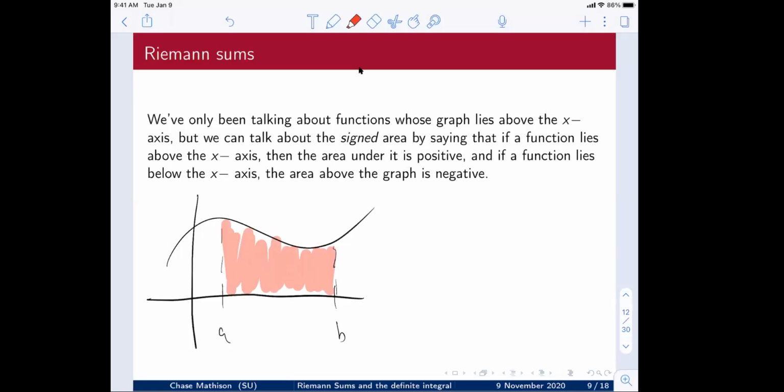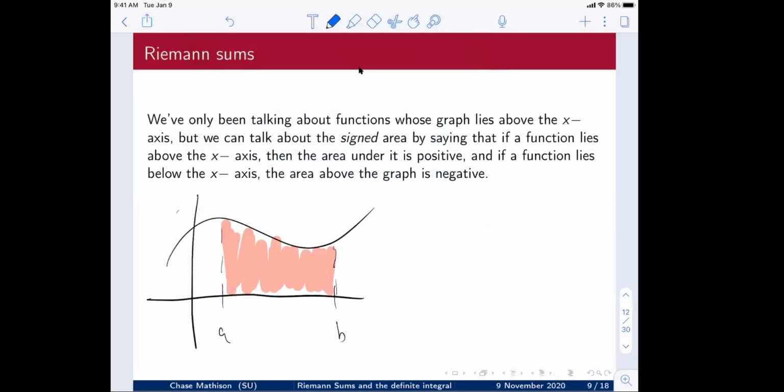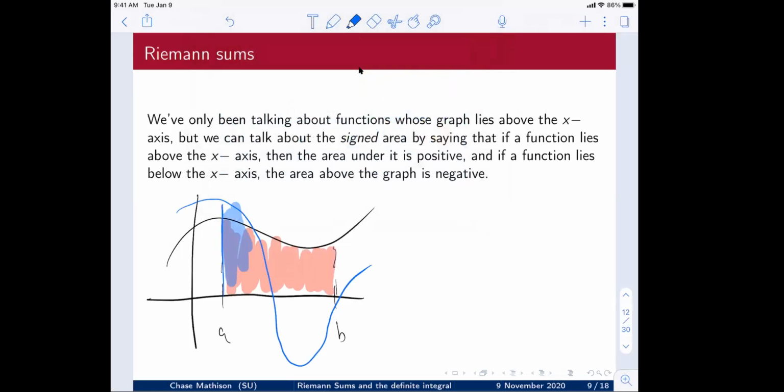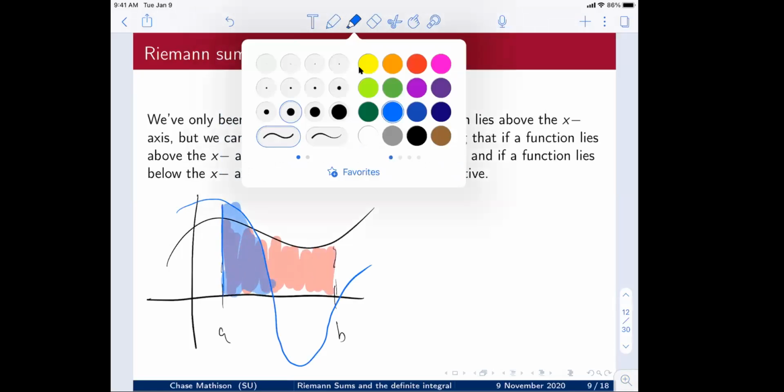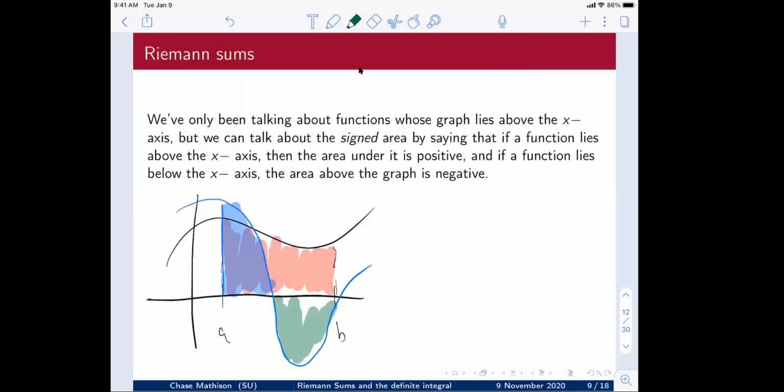But if I'm looking at some other function that does something like this, it would have been just as easy for me to say that the blue area here is positive, and I'll just call the green area underneath the curve negative, right?